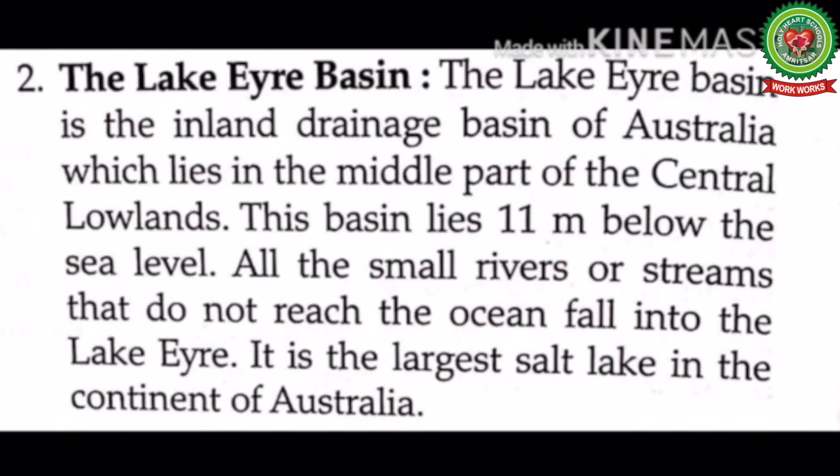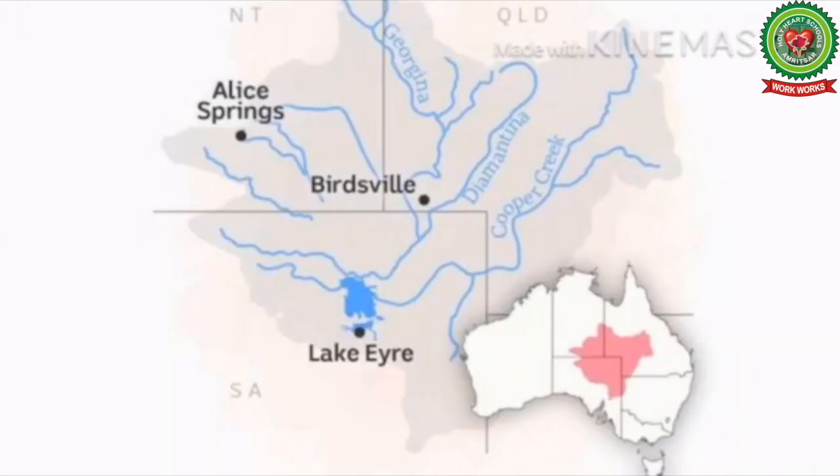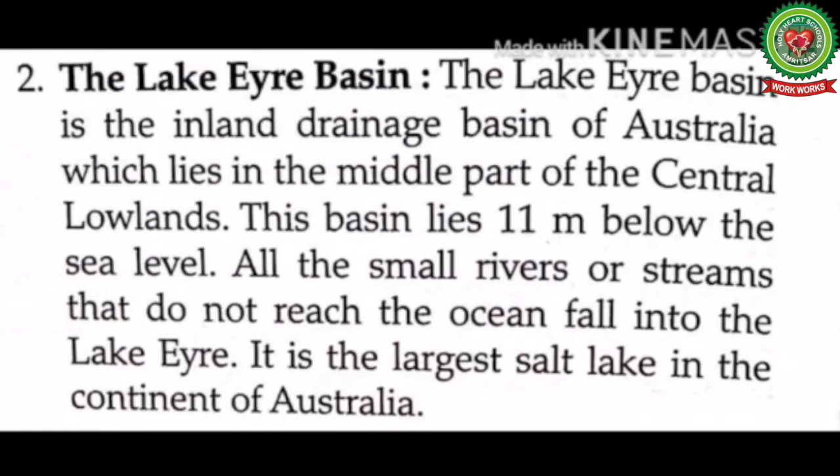Number 2, the Lake Eyre Basin. The Lake Eyre Basin is the inland drainage basin of Australia, which lies in the middle part of central lowlands. The inland drainage system refers to the rivers and streams of an area that do not reach the sea or ocean.